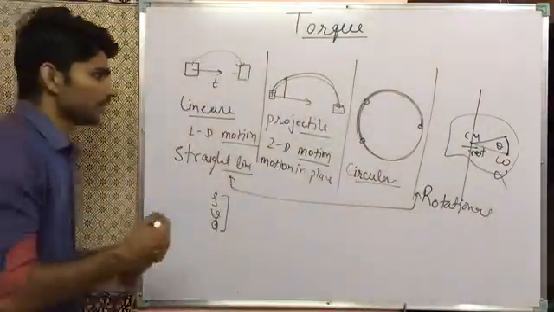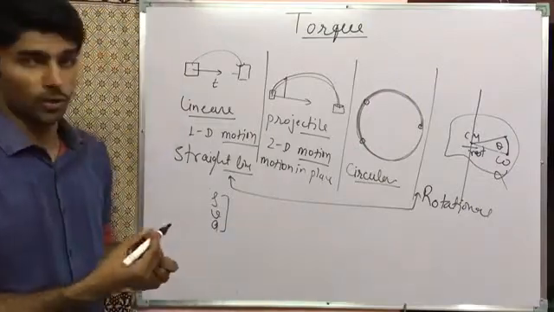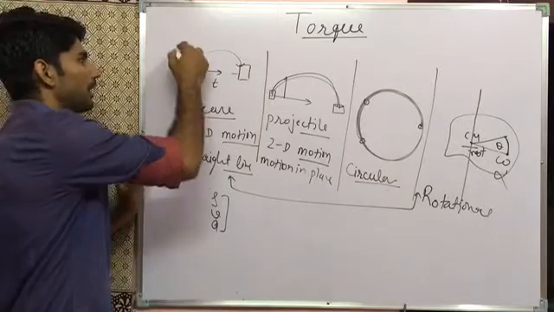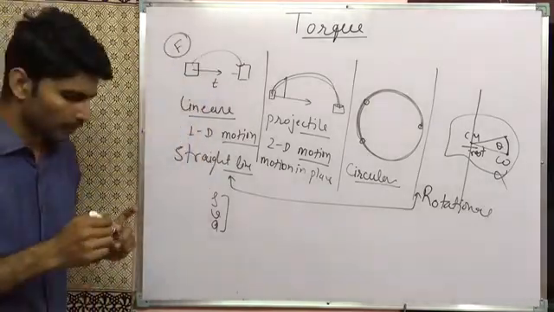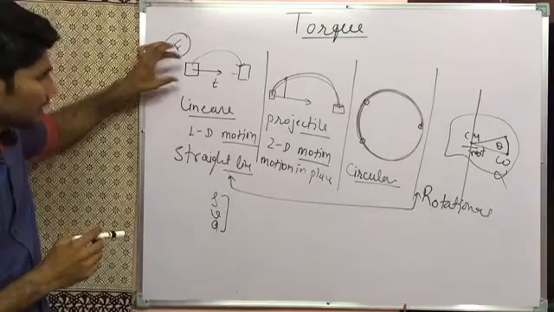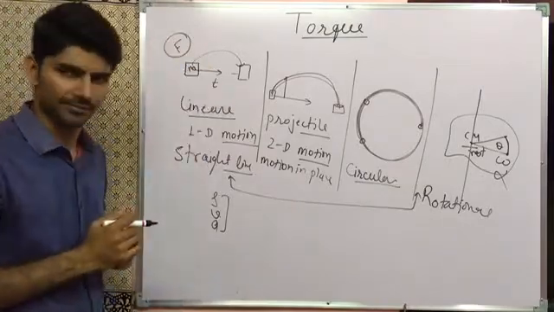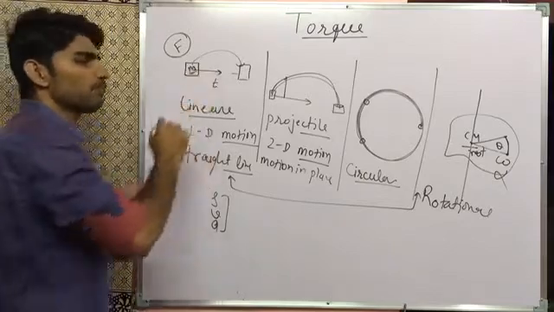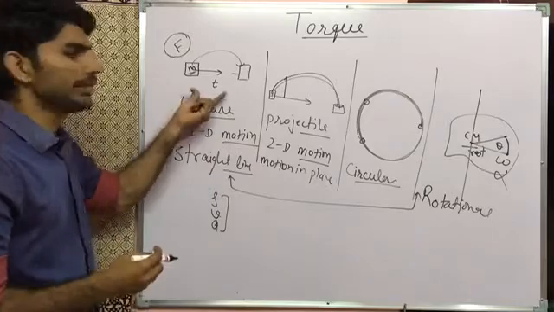And now we are coming to our topic, the torque. In linear motion we have one term that we call the force. You know that each and every body which has mass has inertia, and inertia is the property which resists the change in the linear motion.